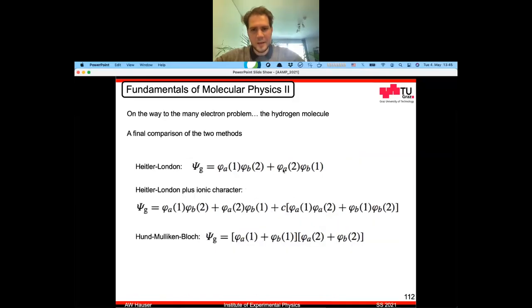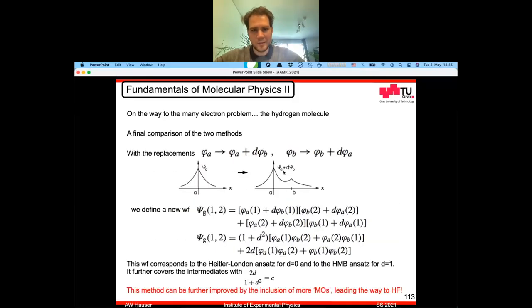This would be then second electron in A with a little bit of B, and first electron in B with a little bit of A. And if you multiply this out, you get this expression as it's shown here on this slide.